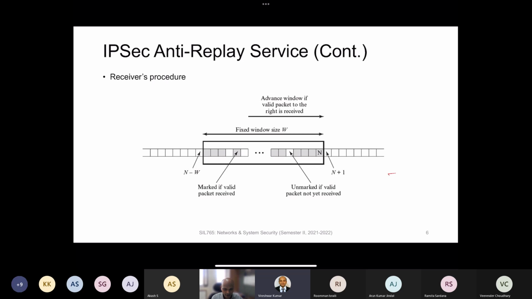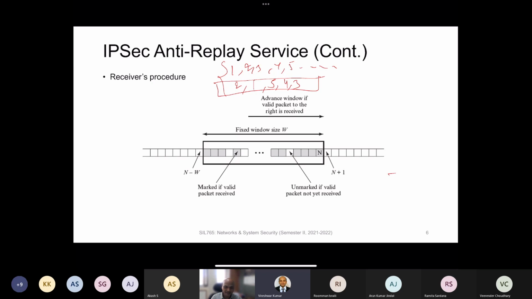Therefore, although the sender might be sending the packets in the sequence 1, 2, 3, 4, 5, the receiver might receive the packets in a sequence something like 2, 1, 5, 4, 3. Such a sequence is always possible, so the receiver might receive the packets in a different order.